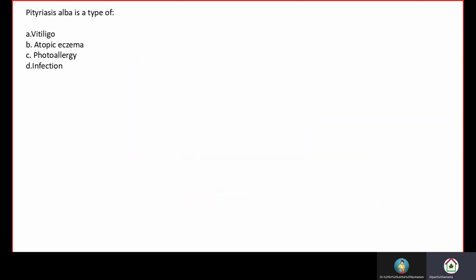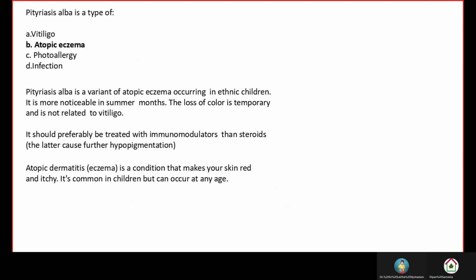Okay, next question. Pityriasis alba is a type of vitiligo, atopic eczema, photoallergy, or infection? Atopic eczema is the answer. Pityriasis alba is a variant of atopic eczema occurring in ethnic children. It's more noticeable in summer months.